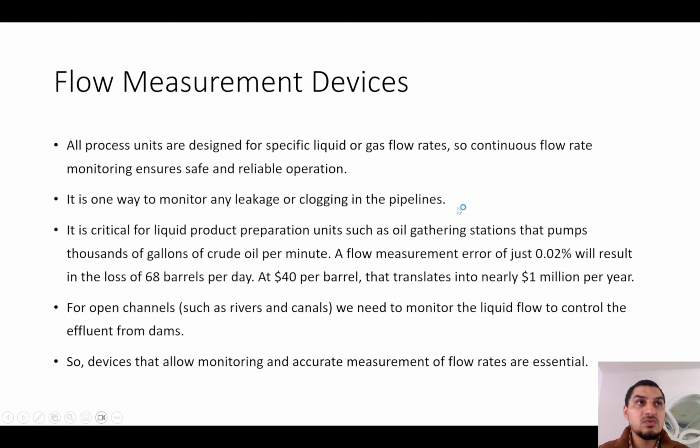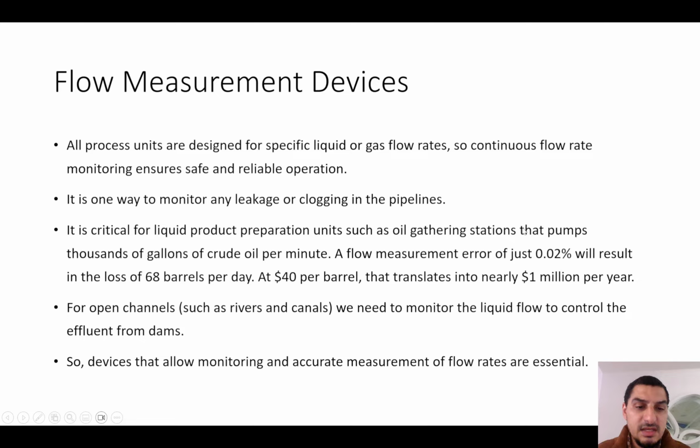And it's also economically important because if there is any leakage, or a difference between the value that we desire and the flow rate that's actually taking place, this means a lot of difference in the cost or the money that we expect.